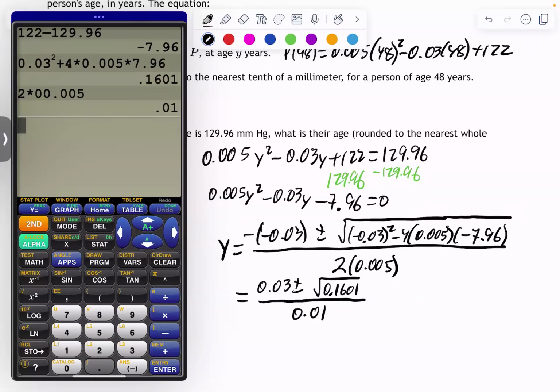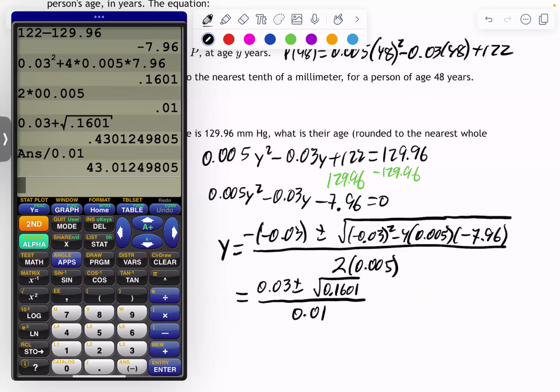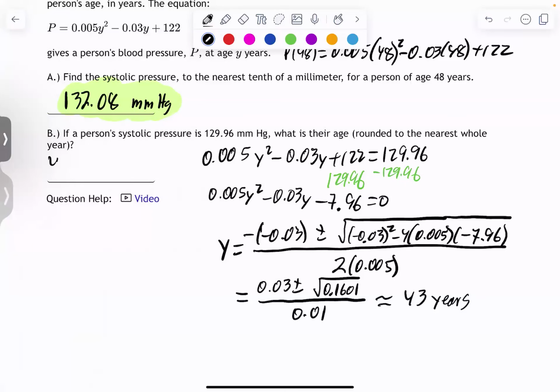All right, and let's see what we get. Now, a negative number of years, of course, isn't going to make any sense. So I'm only going to do the positive part. And it says round off to the nearest whole year. So this is about 43 years. So 43 years old.